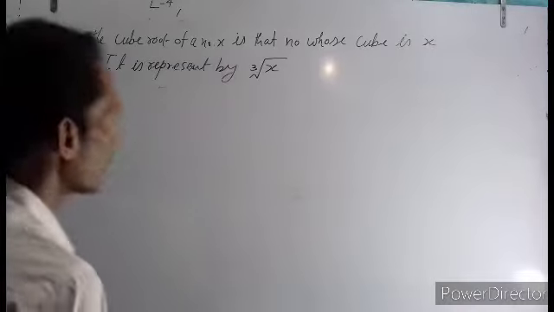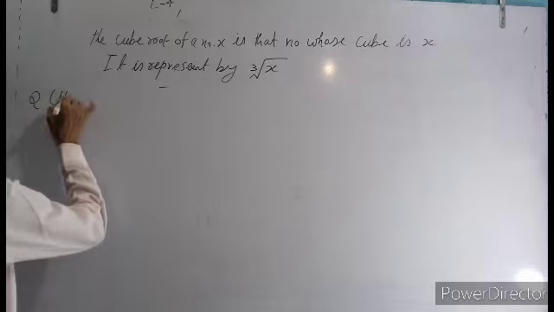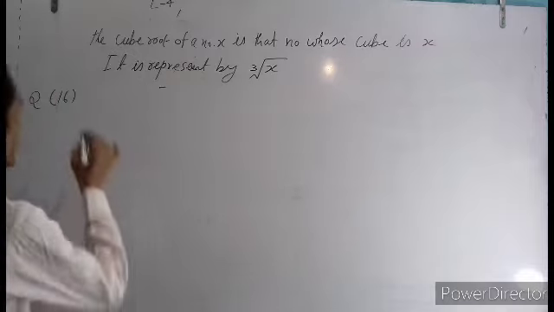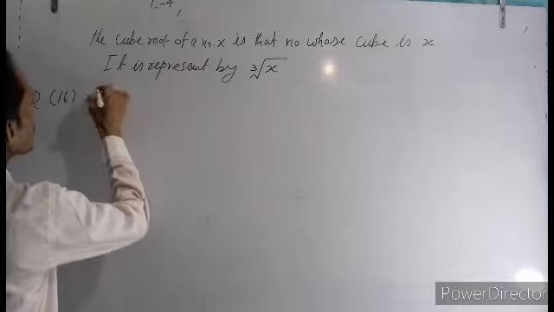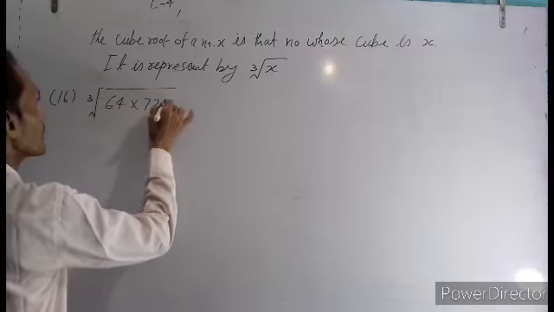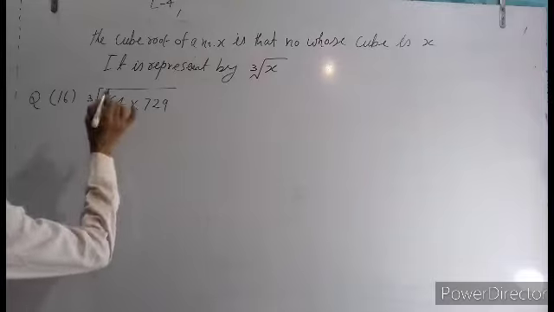Question number 16 I am giving you. Question number 16, you have been given 64 over 729. Suppose you are given this number and you have to find the cube root. First you do the prime factorization of this one and of this one.